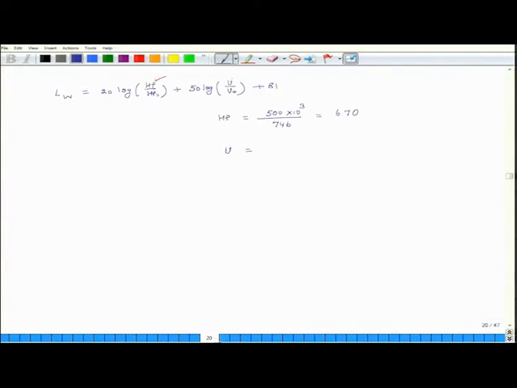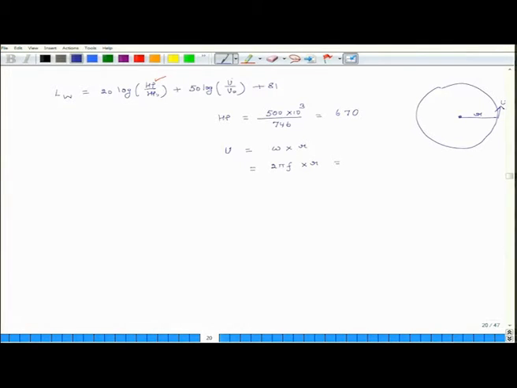Okay. So, if this is the radius, this is the velocity we are interested in. What is velocity? It is angular frequency times radius. And angular frequency is 2 pi f, and then times r.